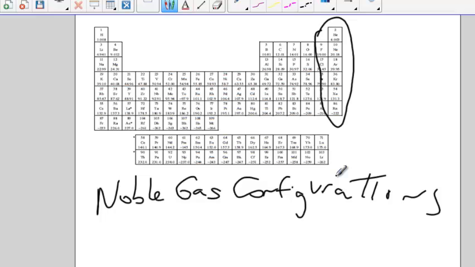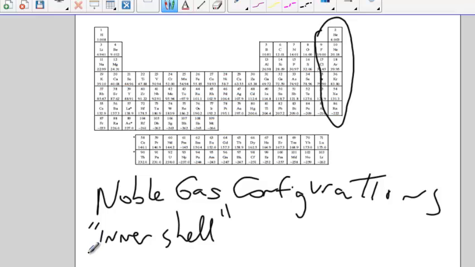So all those electrons that are not involved in a reaction are called inner shell electrons. We don't really care about them. As chemists, we're ignoring them because they really don't make a lot of difference in a reaction.